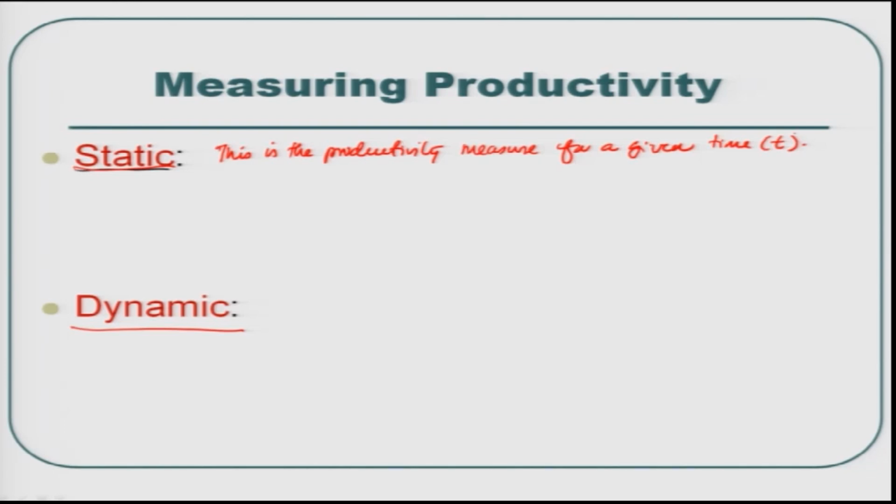So, this is P equal to O over I, for a given time, used typically for benchmarking.